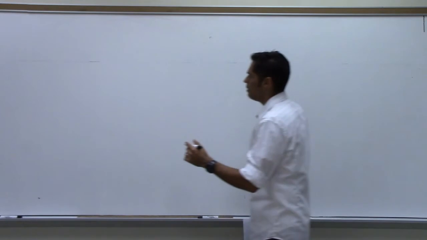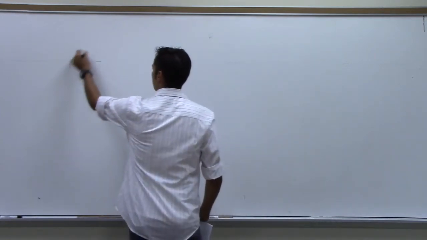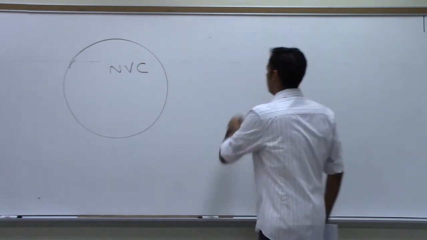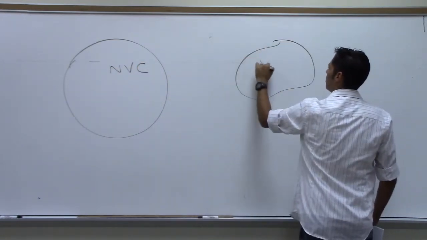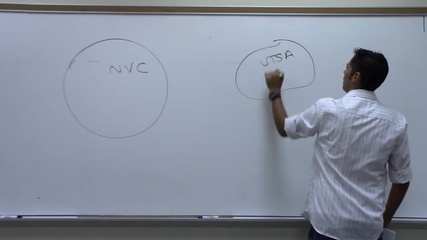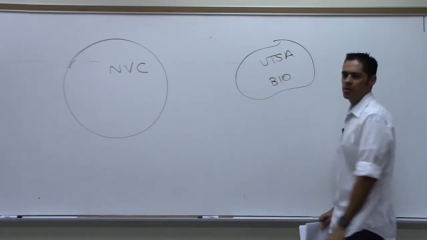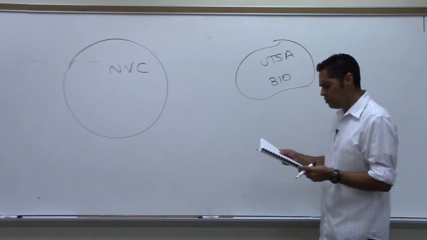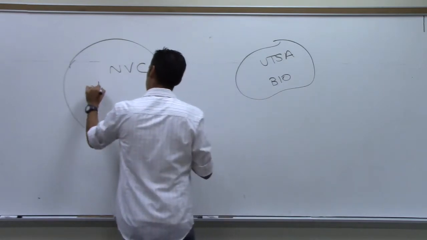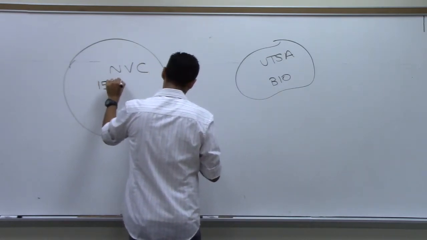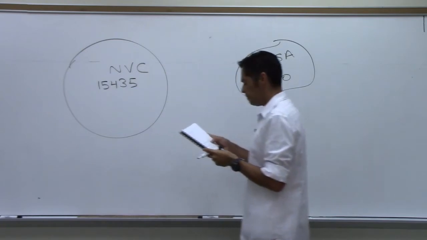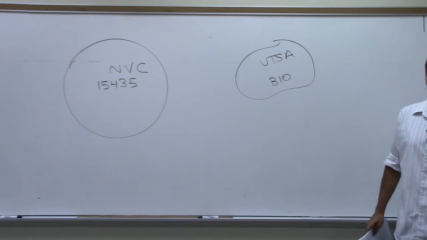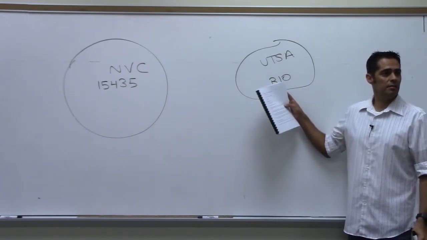So the way that Sean is looking at it is you've got everyone at Northwest Vista College, and you've got some people who are going to go over to UTSA and major in biology. I'm trying to draw this in pictures. So you know that there are 15,435 students over here. 30% of those students are going to transfer to UTSA.